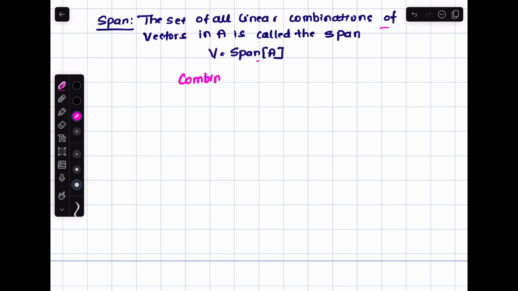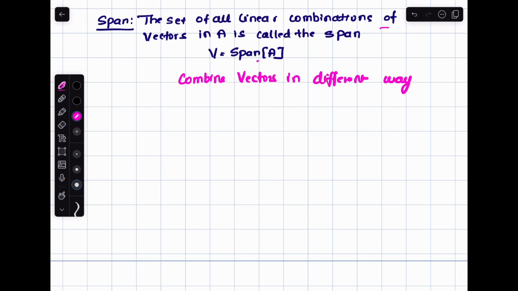It's like the space that all the combinations of the vectors fill up.